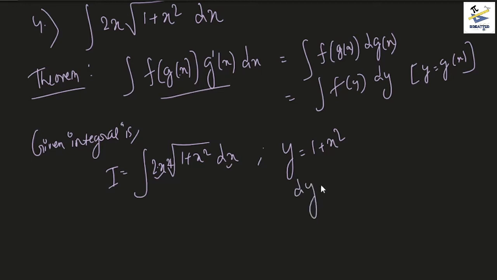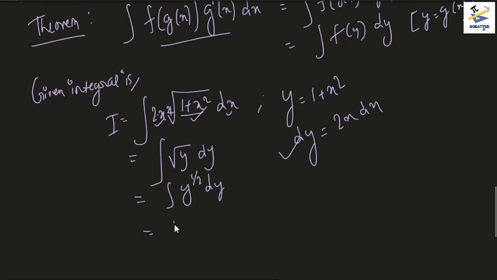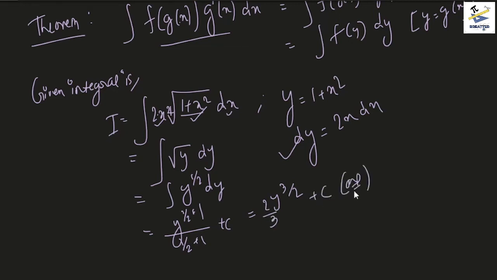So when we do dy, what we get is 2x dx, and that is helpful because this turns into root over y dy, where 1 plus x square became y and 2x dx was written as dy. And this is an easy one because this is just y to the power half dy, and using the rule you can find it as y to the power half plus 1 divided by half plus 1, plus c, which is basically y to the power 3 by 2 into 2 by 3 plus c, which is the answer, right?